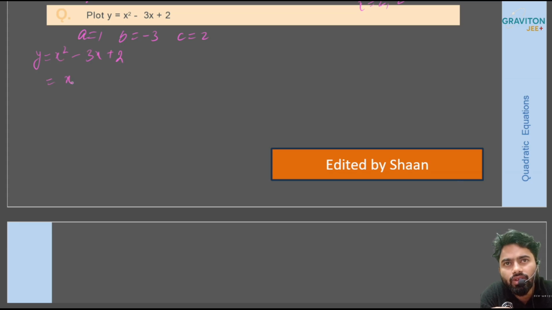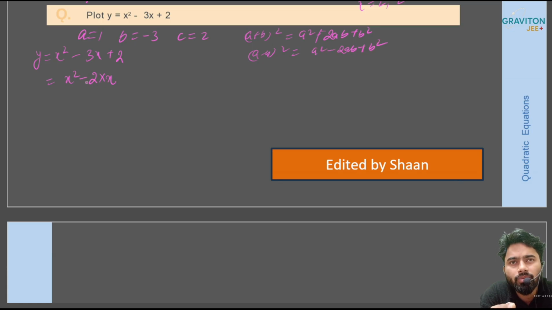So x squared minus 2 into x. Basically you have to do like a plus b whole squared, a squared plus 2ab plus b squared, or a minus b whole squared, a squared minus 2ab plus b squared.